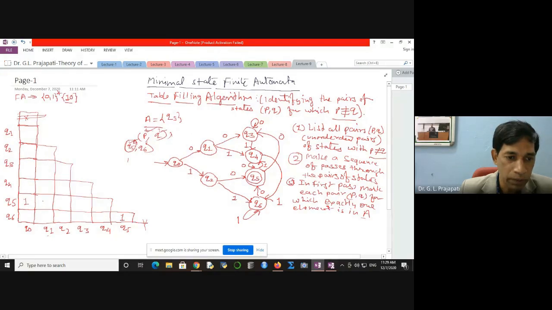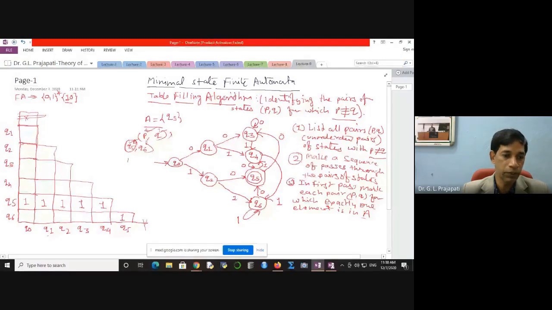Q1, Q5 is also in the final state, so we can mark. Writing 1 means we are marking, identifying that Q1 and Q5 are not equivalent in the first pass. Q2, Q5 can also be marked. Q3, Q5 can also be marked, and Q4 and Q5 is also marked. So we have marked these.